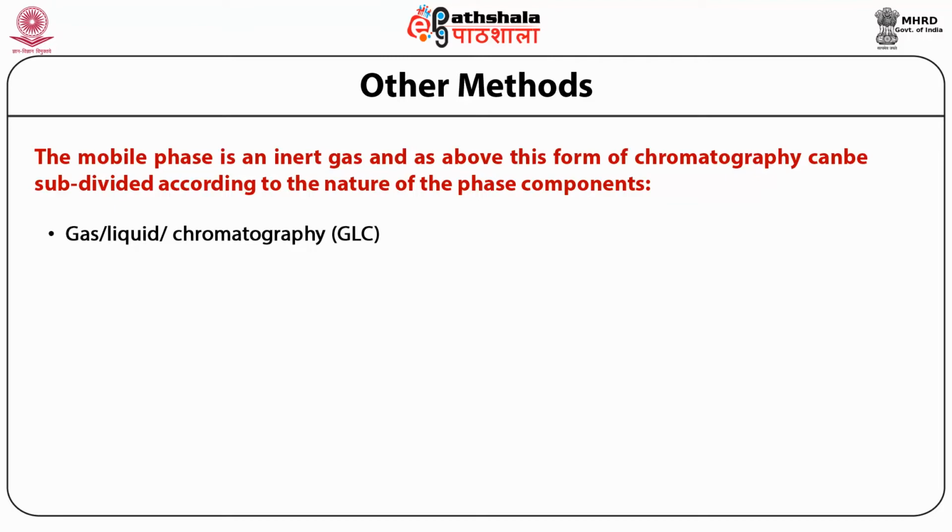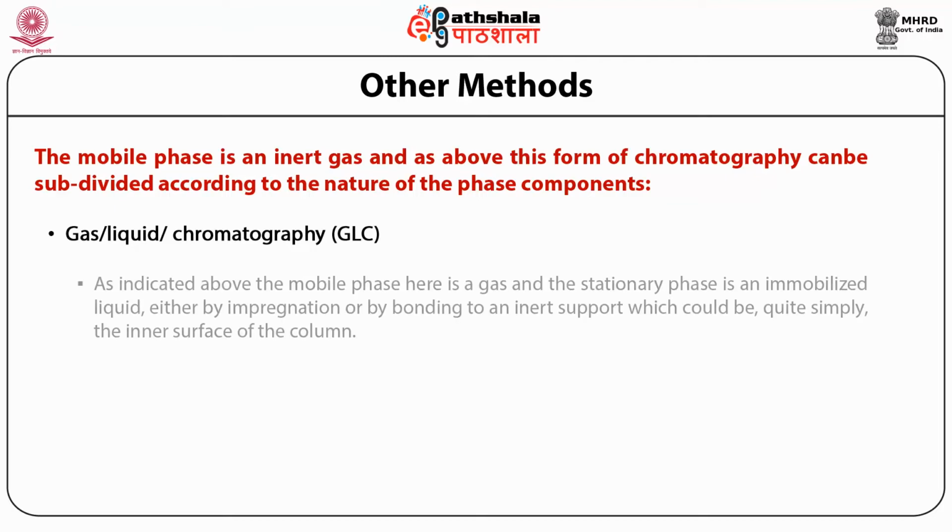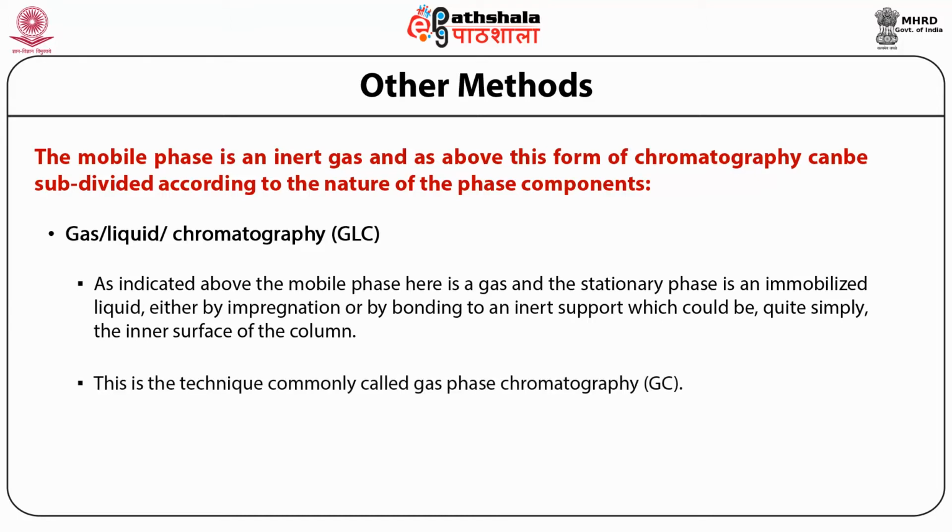As indicated above, the mobile phase here is a gas and the stationary phase is an immobilized liquid, either impregnated or bonded to an inert support, which could be quite simply the inner surface of the column. This technique is commonly called gas phase chromatography, that is GC.